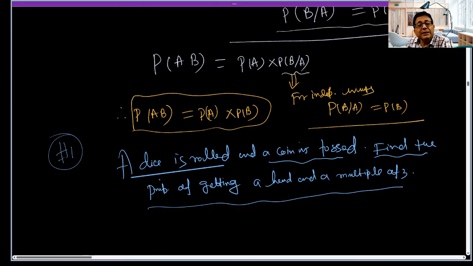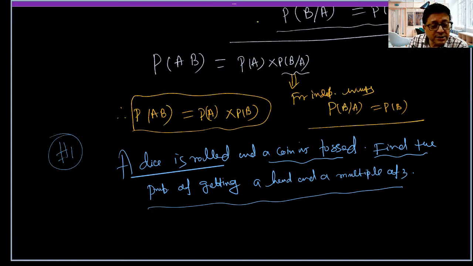So what you are getting in the coin is independent of getting something on the dice. Am I correct? Coin will show you head or tail. Dice will show you 1 or 2 or 3 or 4 or 5 or 6. So if you want to find a head and a multiple of 3, I am writing just this way.